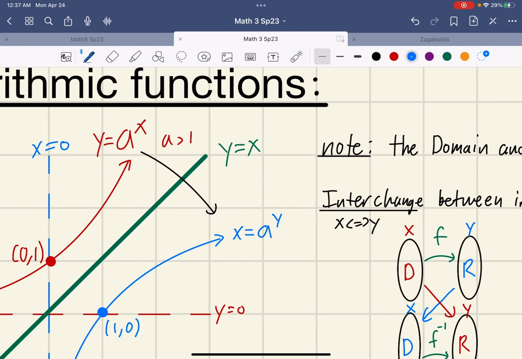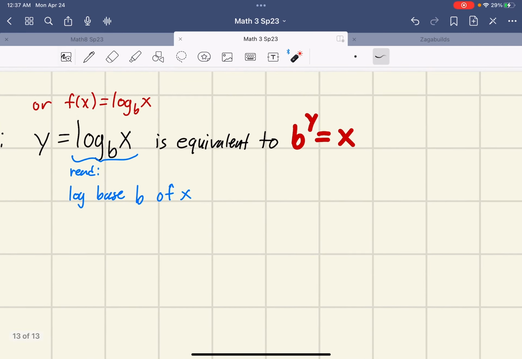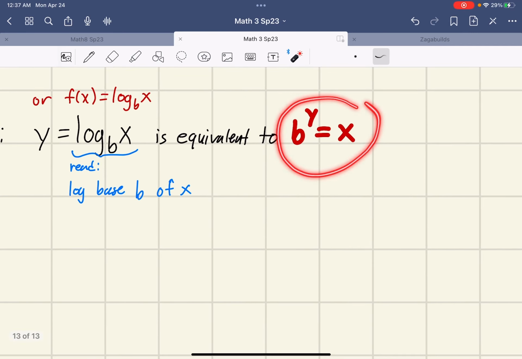If we're following this idea that to find an inverse, there needs to be reflection on this y equals x line, that means all we're really doing is your x becomes your y and your y becomes your x. And if you notice, this x equals a base to my y power is exactly what I have written here. It's just instead of a, I wrote b.